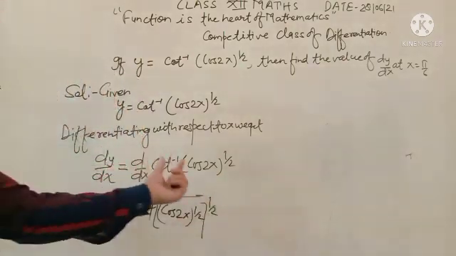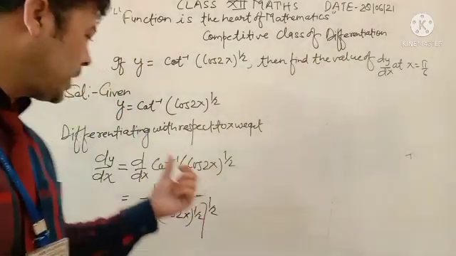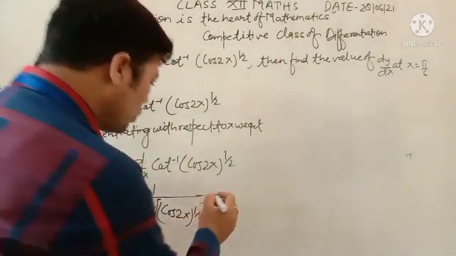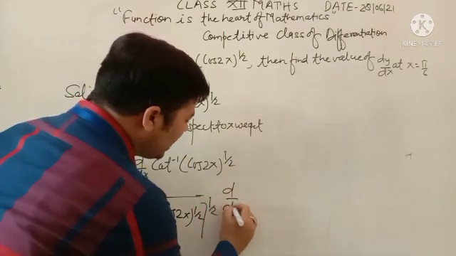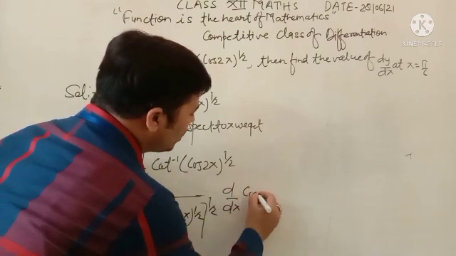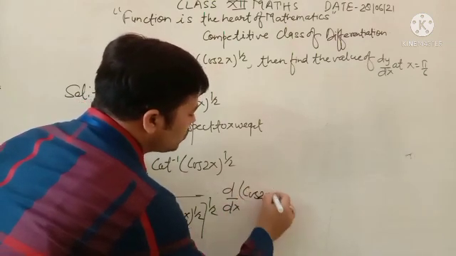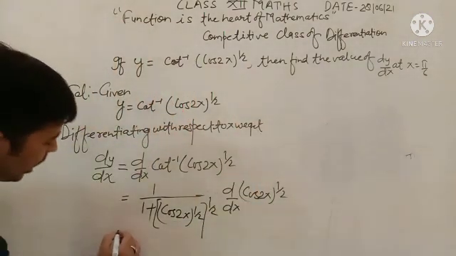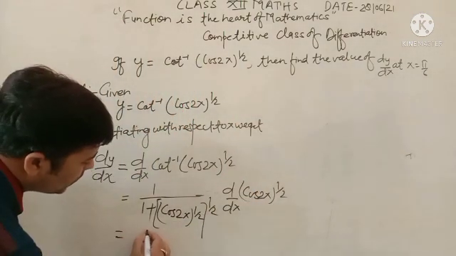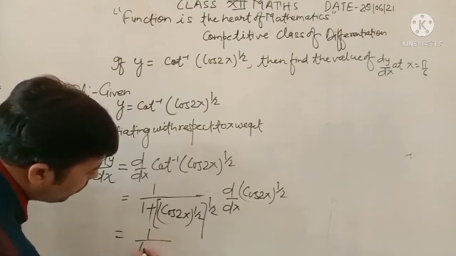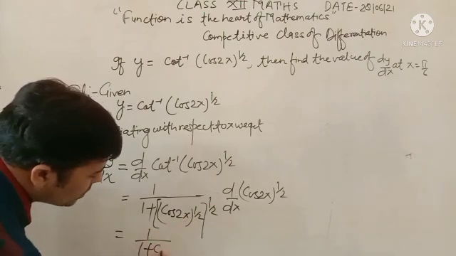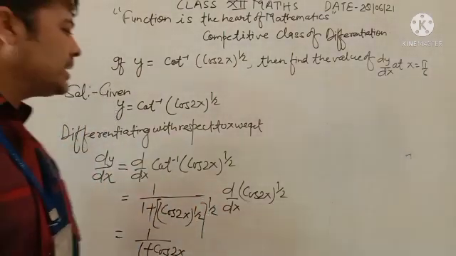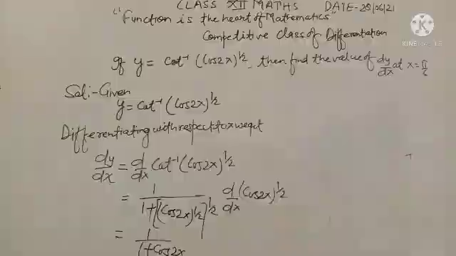Now here you have to use the chain rule, because in place of x it is cos 2x. So you again differentiate d by dx of (cos 2x) to the power 1 by 2. This is equal to 1 upon 1 plus cos 2x, because the power 2 and the power 1 by 2 cancel each other.